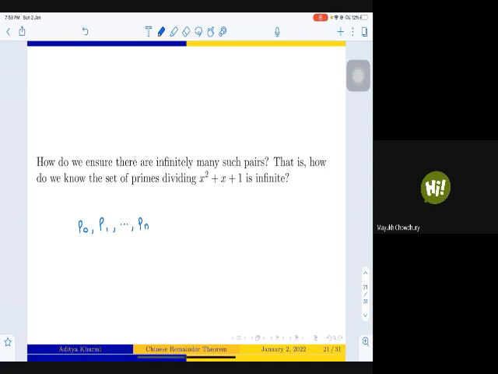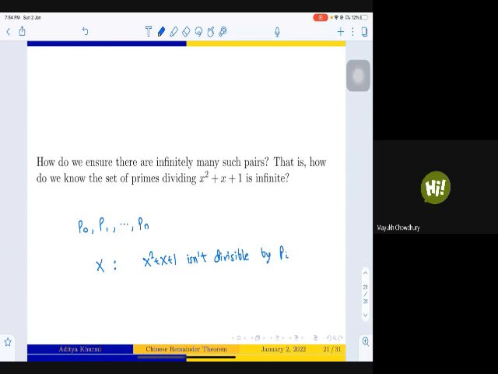We want to construct some x such that x squared plus x plus 1 isn't divisible by pi for any of these i, because then there would have to be a different prime factor, which is a contradiction. This is exactly Euclid's proof.